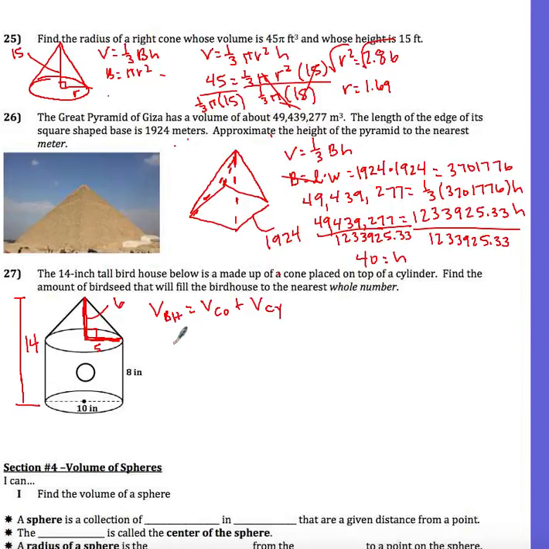So let's start with the volume of the cone. The volume of the cone is going to be 1/3 big B H, where big B is equal to pi r squared, and our r is going to be equal to 5. So the volume of the cone is equal to 1/3 pi 5 squared, times our h, the height of the cone, which is 6.